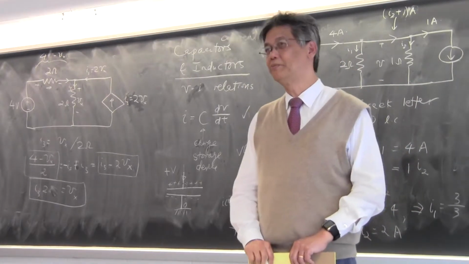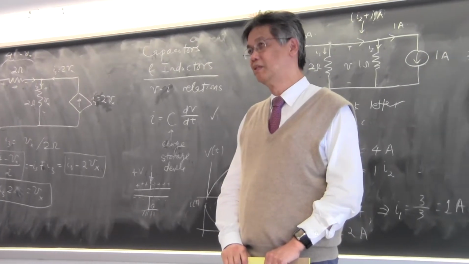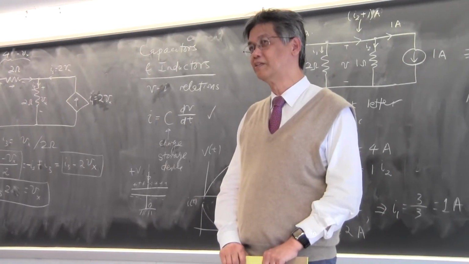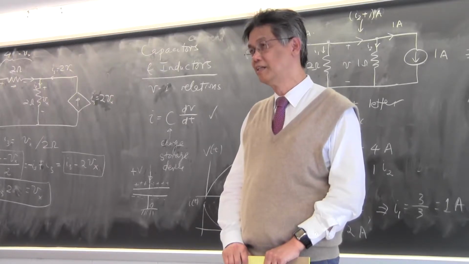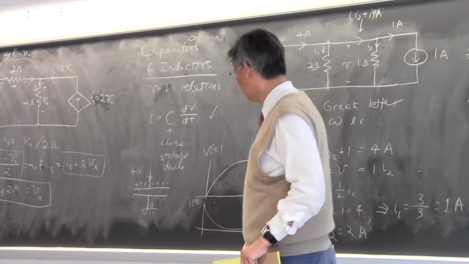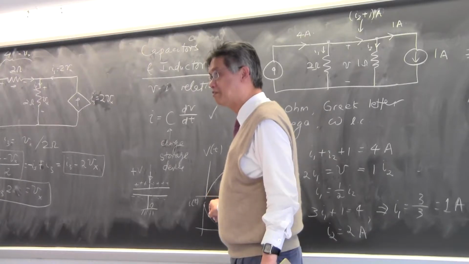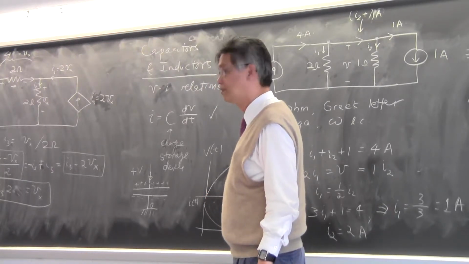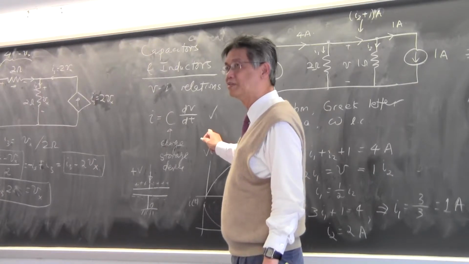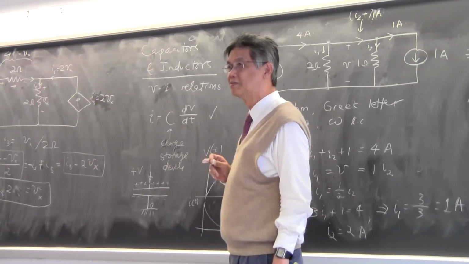Okay? But as time progresses, there will be charge built up in the capacitor resisting the incoming positive charges. And that causes the current to diminish and finally coming down to a trickle and going to 0. Okay, and this is described by this equation. This is what this equation means.